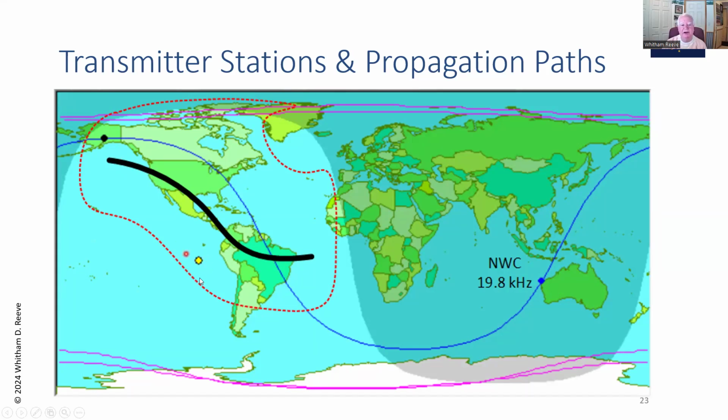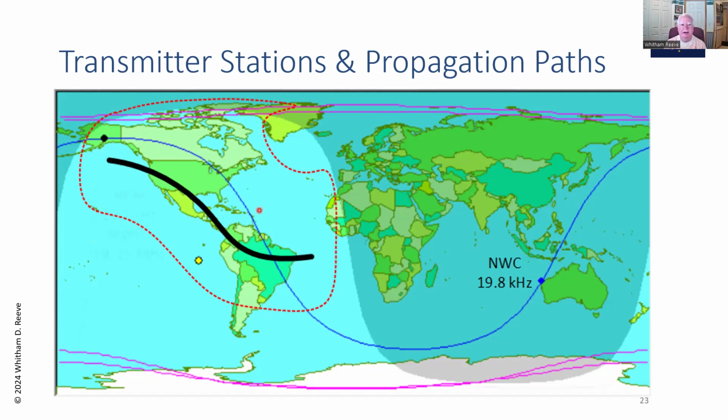And this yellow dot right here is the sun at the time of this plot, which I made at the middle of the eclipse. So the red dash line that you see is the total area where you would see at least a partial annular eclipse in this case. So that's for Northwest Cape.